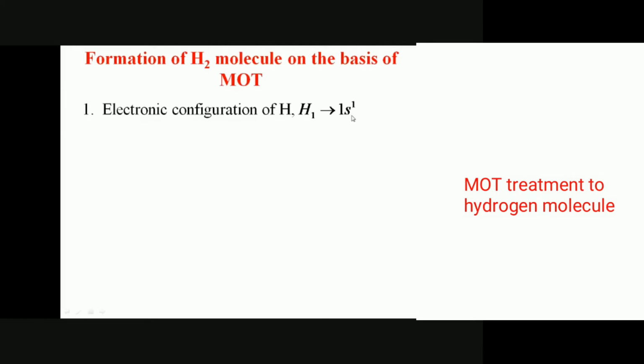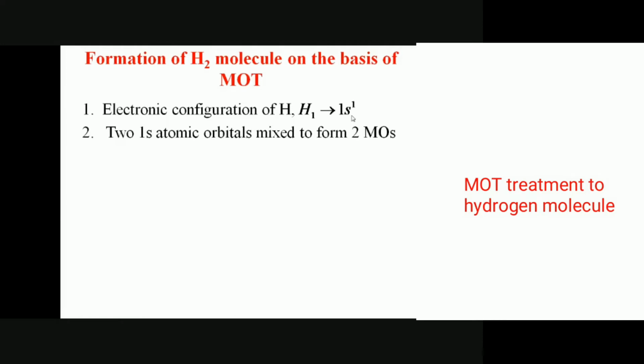Now we are taking two hydrogens, and they will form the hydrogen molecule. So these two atomic orbitals, the 1s atomic orbitals, will mix to form two molecular orbitals. If two molecular orbitals form, one will be of lower energy and one will be of higher energy.